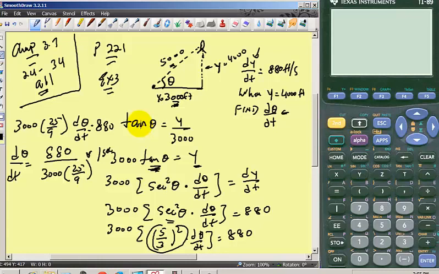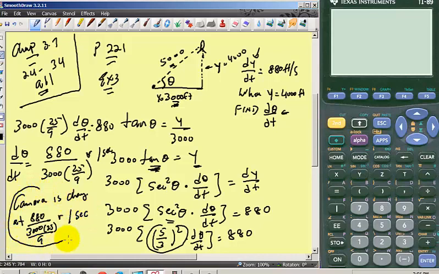So we're going to say the camera angle is changing at 880 over 3,000 times 25 over 9 radians per second. And that's it.